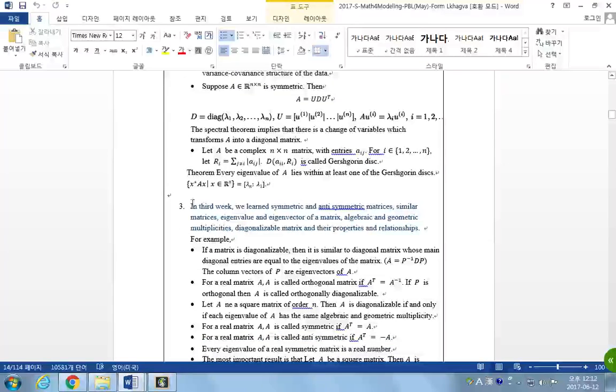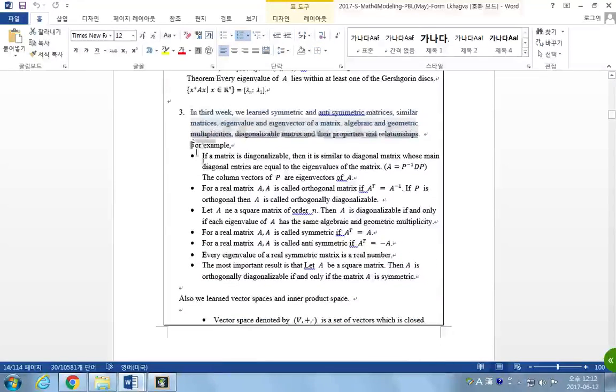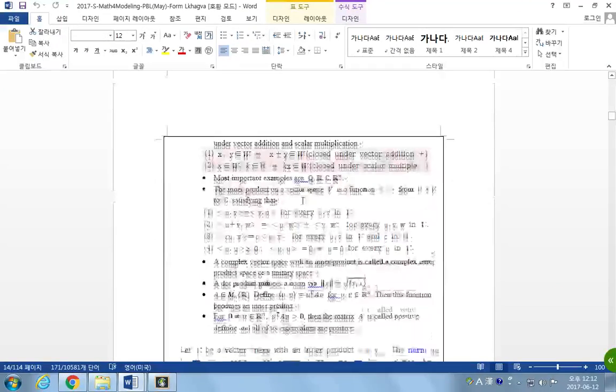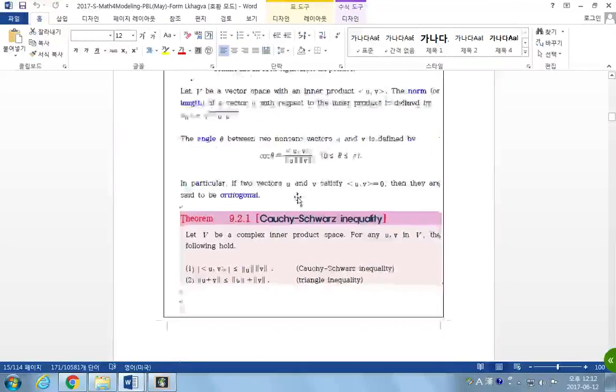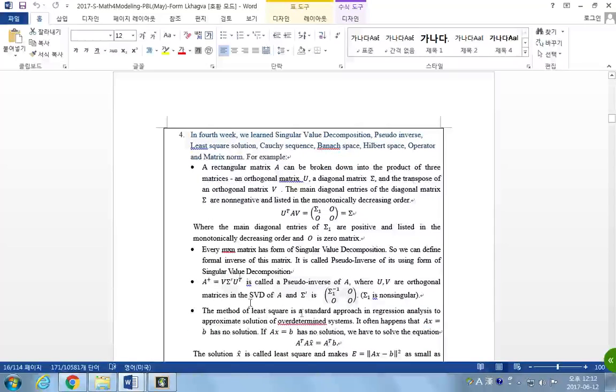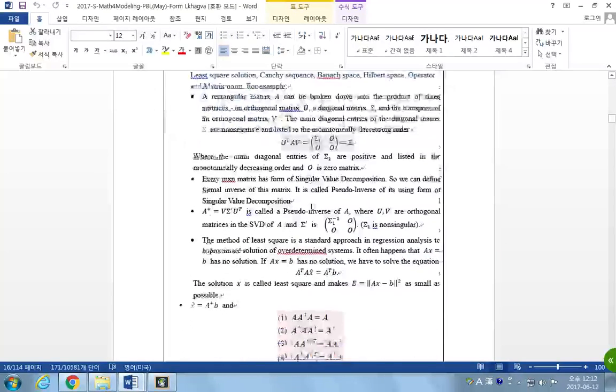Also, third week, we learned this and I summarized some concepts here. Fourth week, we also learned singular value decomposition, pseudo-inverse, least square solution, Cauchy sequence, Banach space, operator, and matrix norm. For example, here are some concepts I summarized.